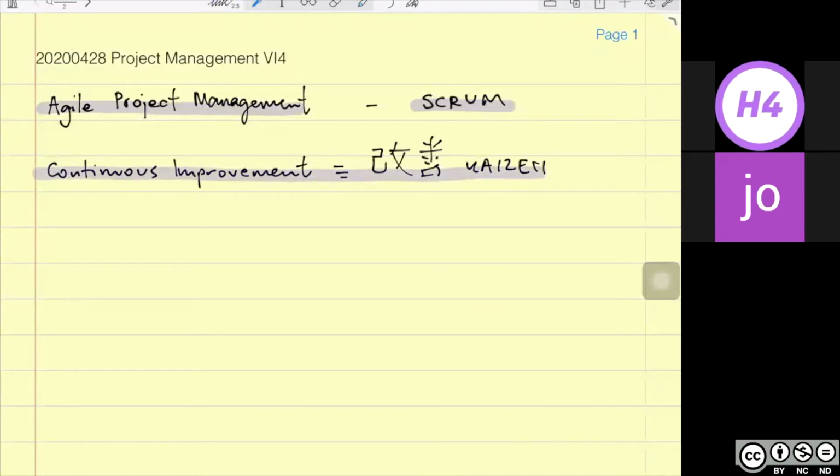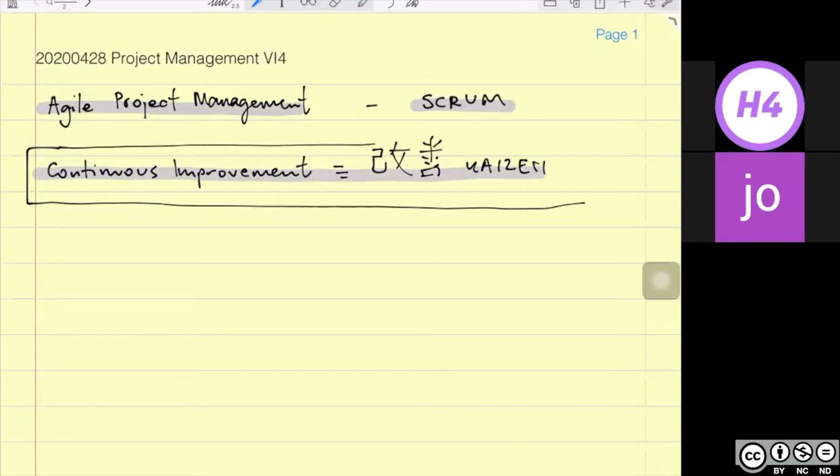But Agile is specific for project management. It was developed in software development, or in software project management, and we will deal with it in a minute.